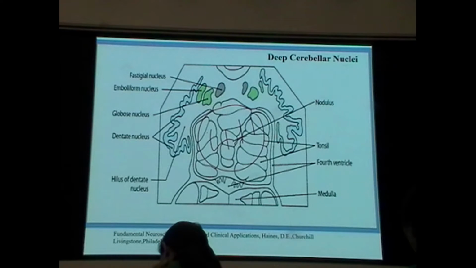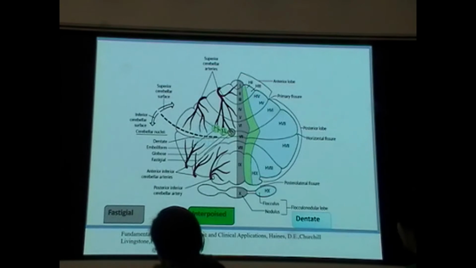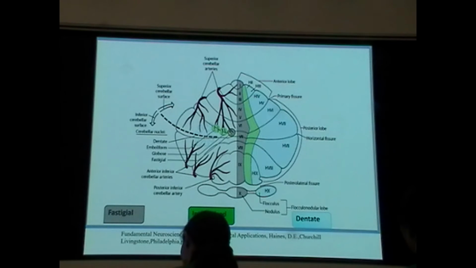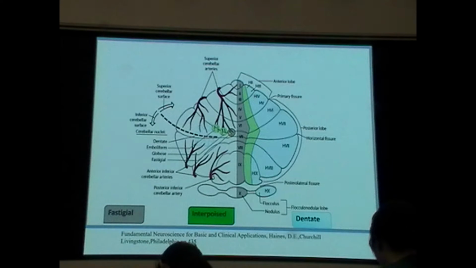But now, in relationship to a question, Brian, you asked, in relationship to the vermis, what's in the vermis? Okay, so now the dentate nucleus is more lateral and it is receiving Purkinje cell input from the lobes, from these lobes down here.